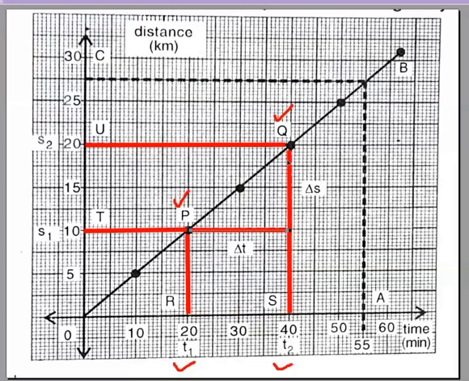So this change in distance and change in time is actually telling us the distance and the time taken to cover that distance. So now with the help of these two pieces of information, we can easily find out speed.